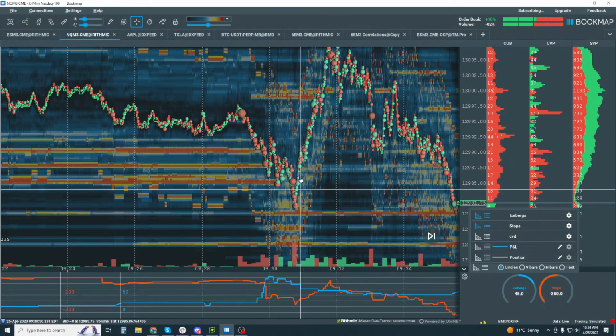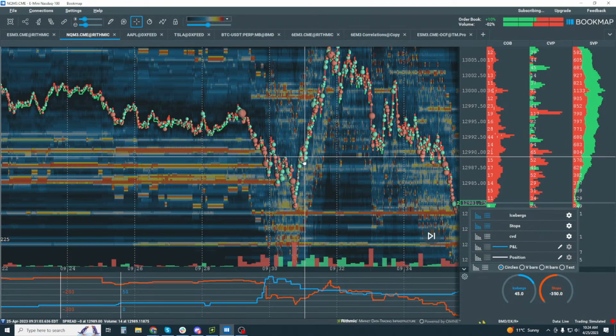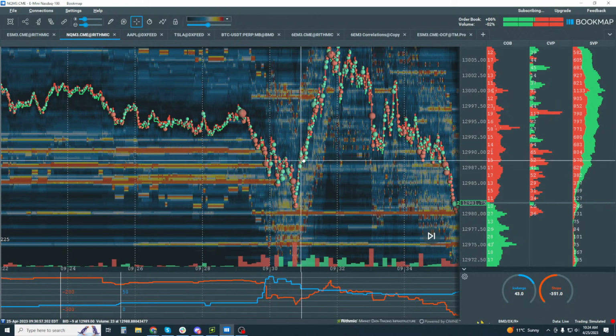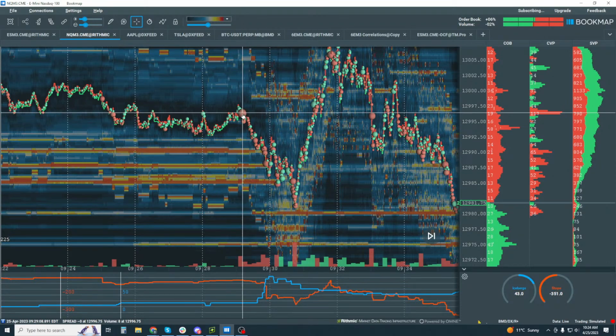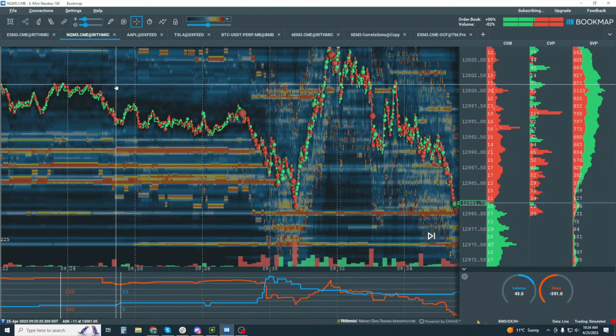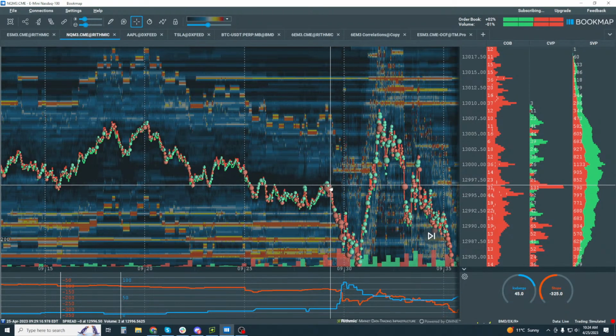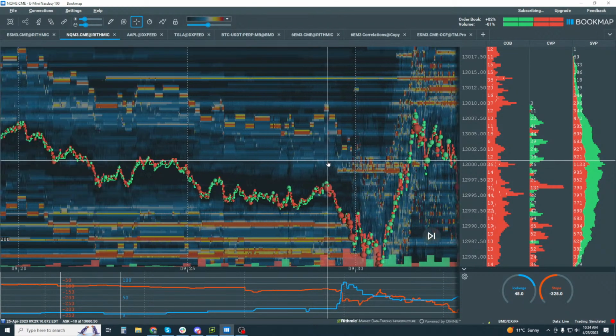Stop run here. And then what really helped here is, back up into this area, we look for the buyers to try to carry it back up into like here, or the swing up into, hold on, either here or these swings in here.